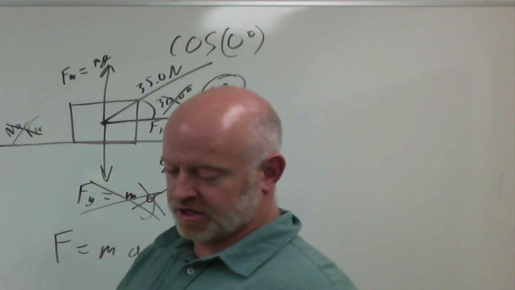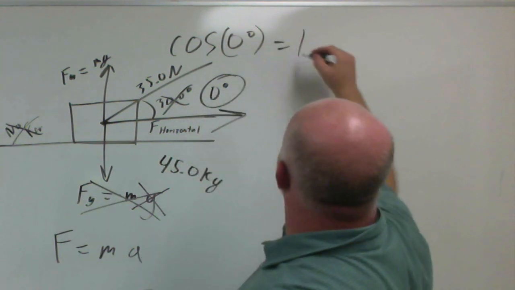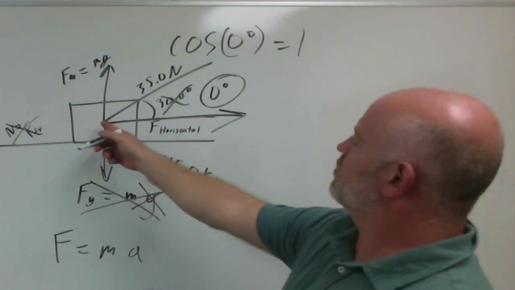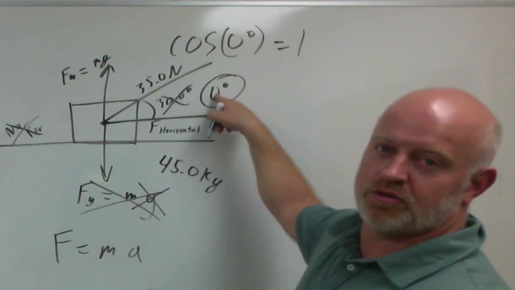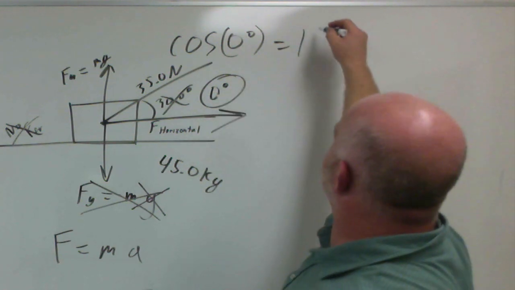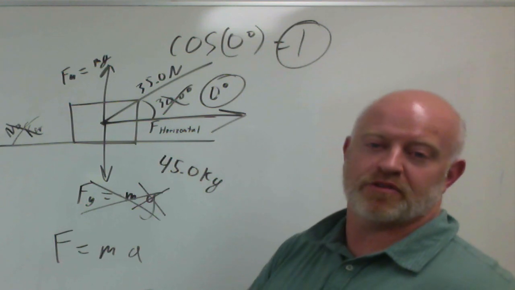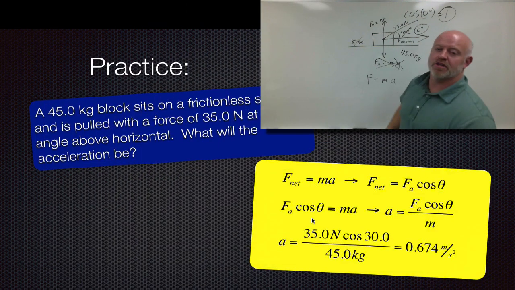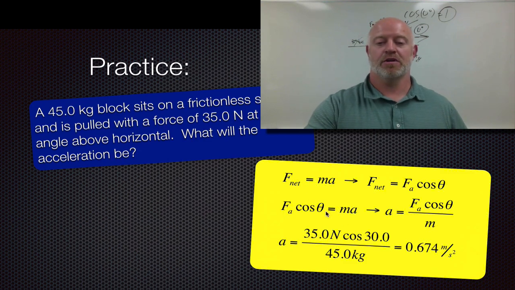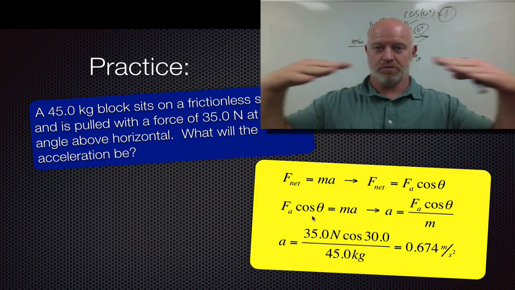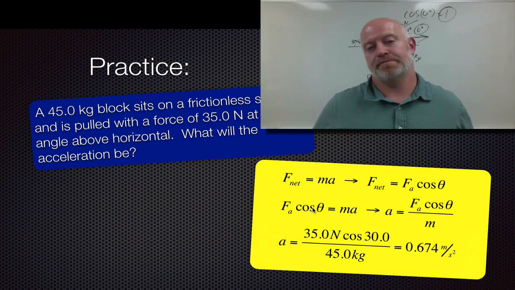Cosine of 0 is 1. So we're basically saying that if you pull at the same angle as you're moving, no angle, no degrees, 100% of your pull is going to count, because we have a cosine of 1. So yes, you could use this equation all the time, and anytime you are pulling parallel with your movement, you just say cosine of 0, and that becomes a 1.